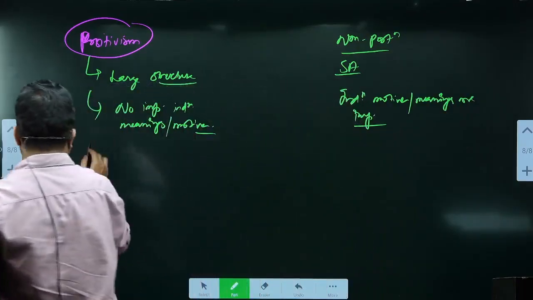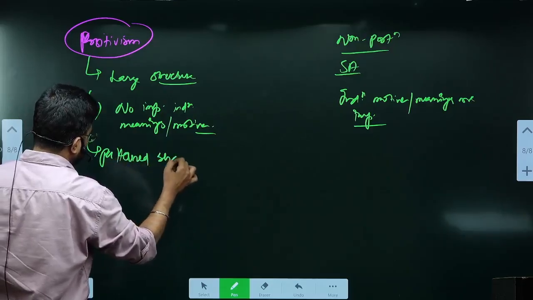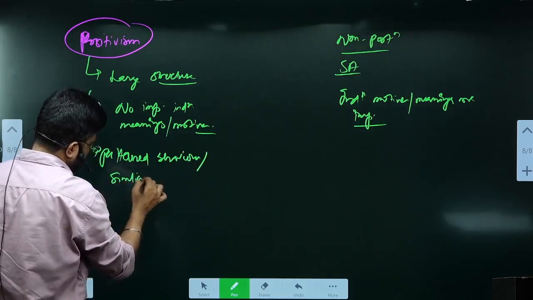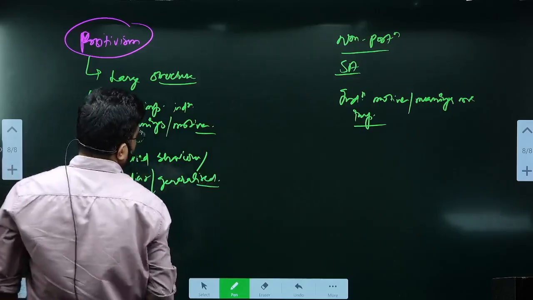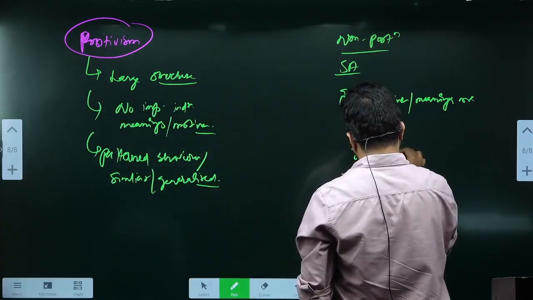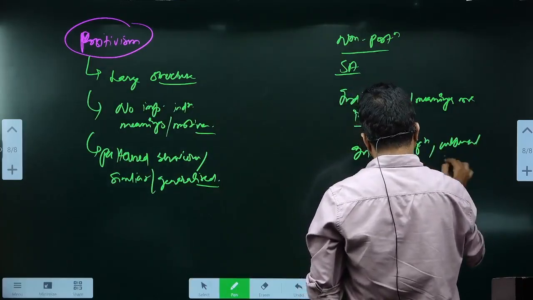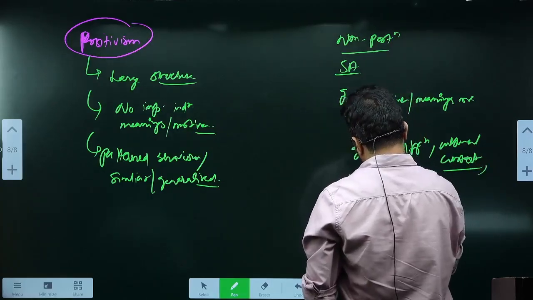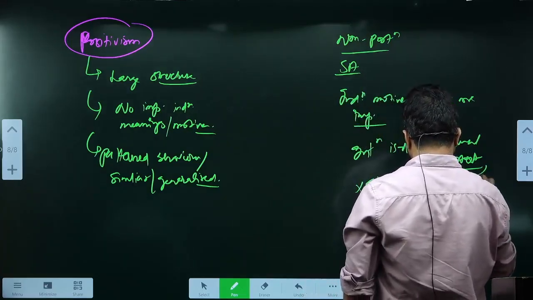Okay, they look for patterned behavior, and according to them this patterned behavior is similar and hence can be generalized. For them every interaction is different. It is cultural specific, cultural context में होता है, so it cannot be similar and hence cannot be generalized.